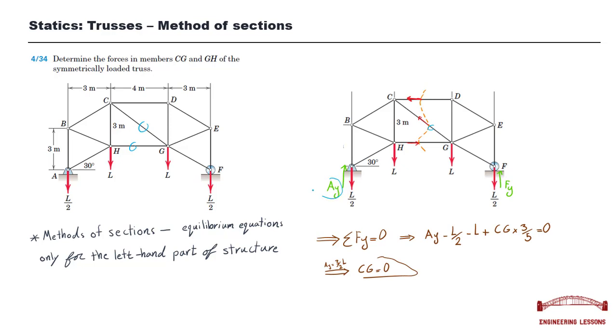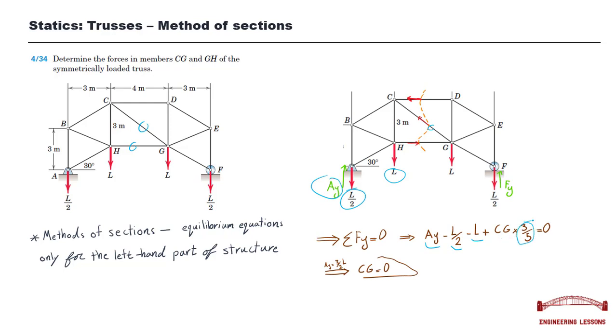What we have is Ry that we already calculated, so it's not unknown anymore, and L over 2, which is downward, minus L. Again we don't care about the right hand part, just the left hand part and the internal forces. In the method of sections, we should pay attention that our support reaction and external forces should be in equilibrium with internal force. Okay, and CG times 3 over 5.